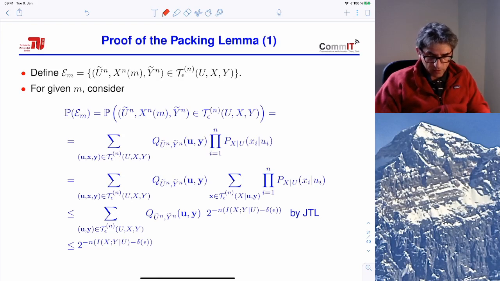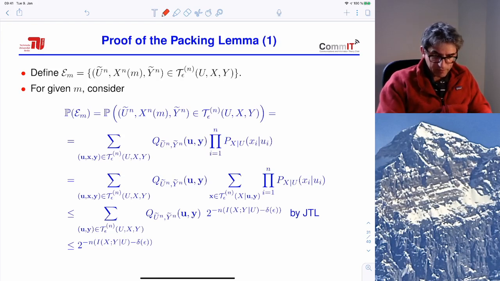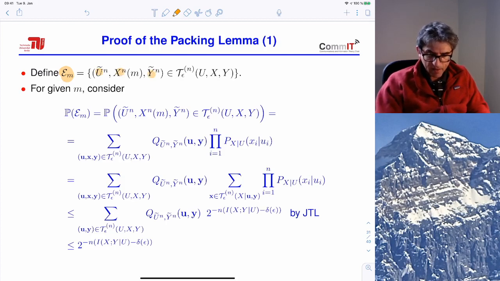Basically, we first define the event E_m as the event that the random triple ũ, ỹ, and x(m) are jointly typical with respect to the distribution p(u, x, y). Then for given m, let's consider the probability of this event.